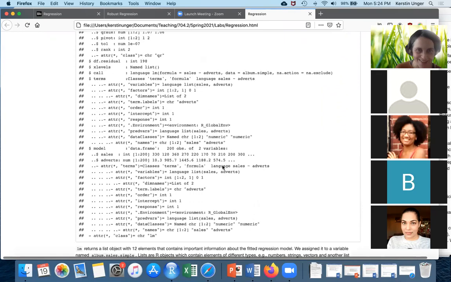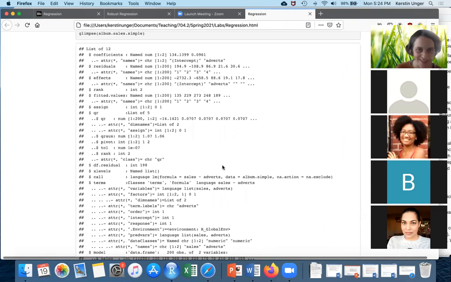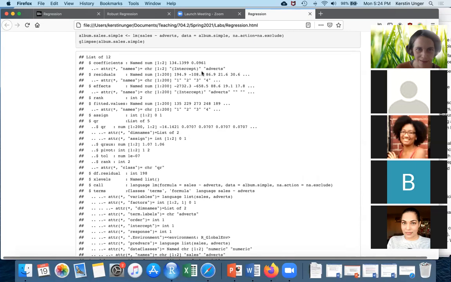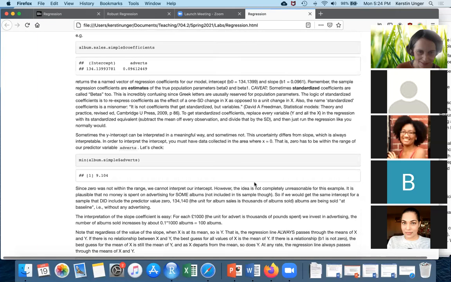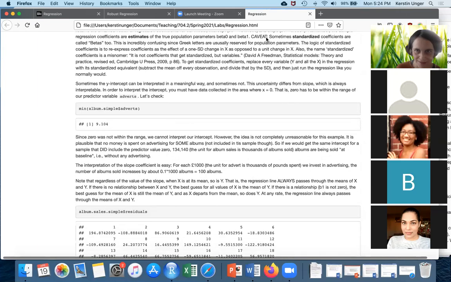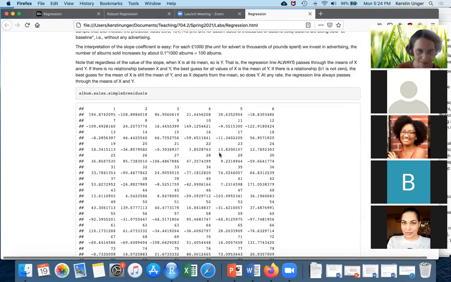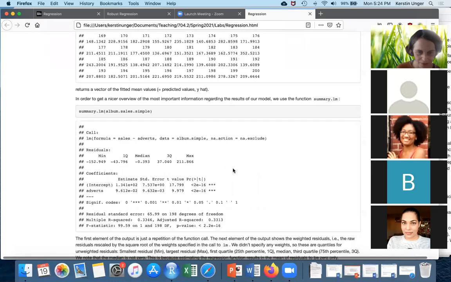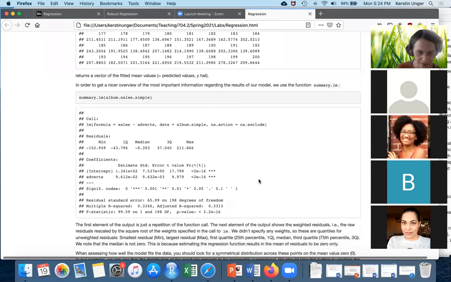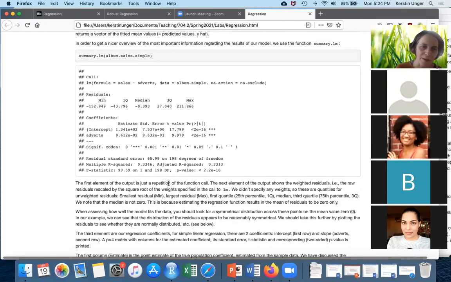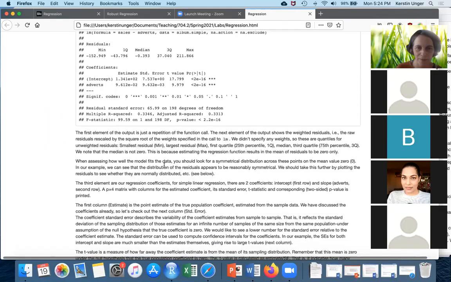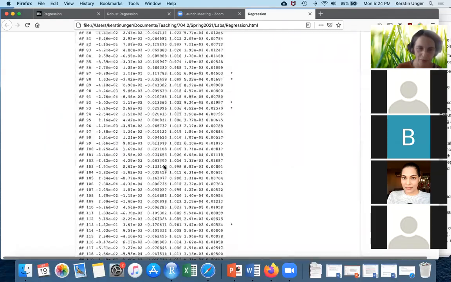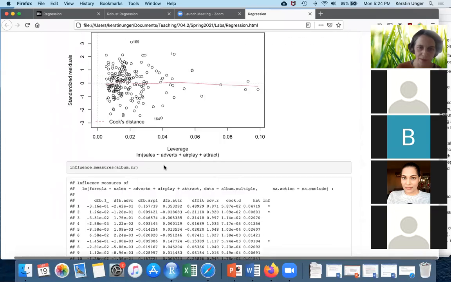Wait a second. Of course, it's 0.09 here, not 0.01. I don't know where I saw a 1. So it's 0.09 here, and then it's 0.08 in our new regression models, and it's actually smaller.